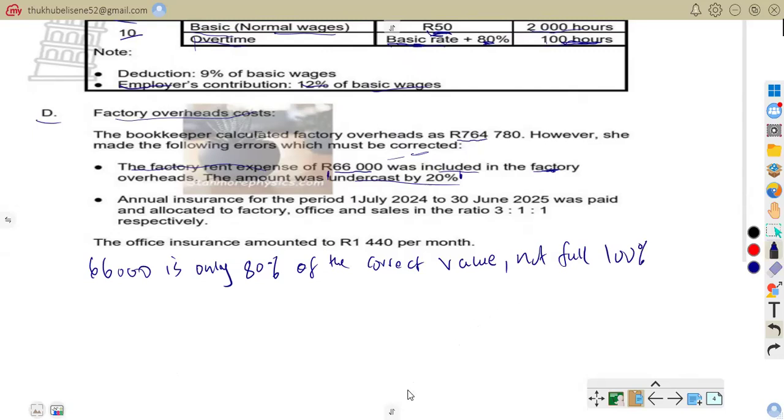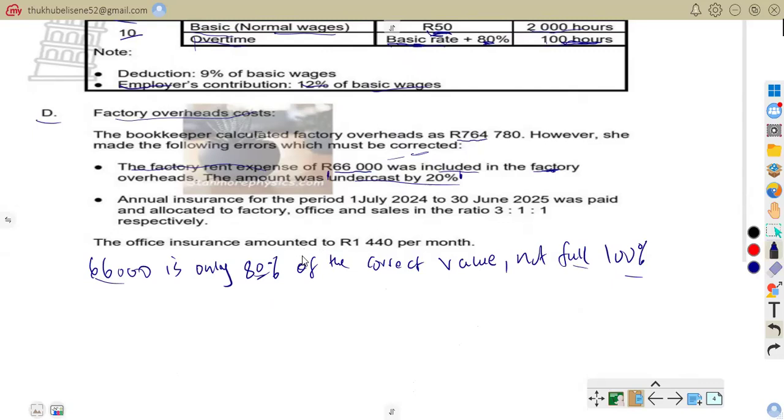The reason we are saying 66,000 is only 80% is because we are told that it was undercast by 20%. When you subtract 20% from 100%, it's 80%.